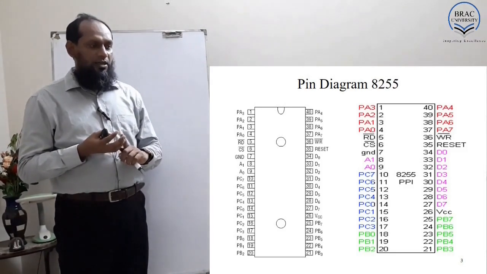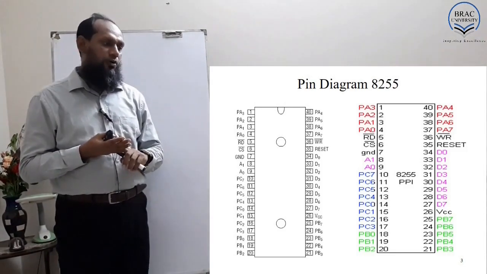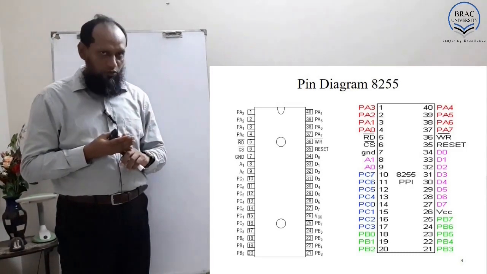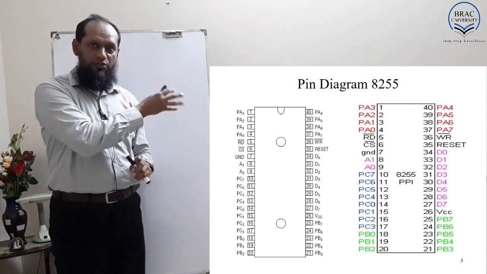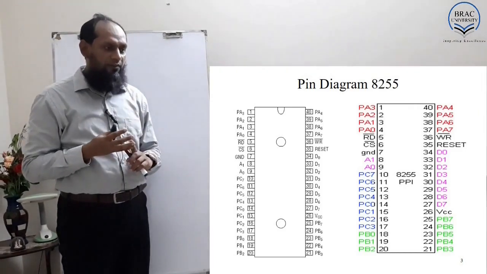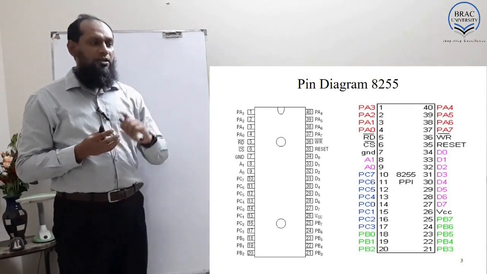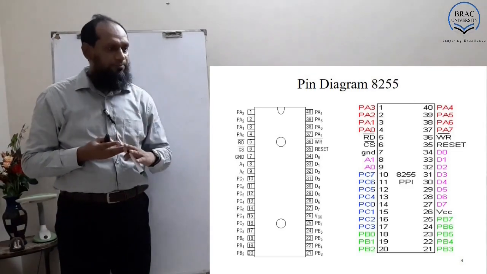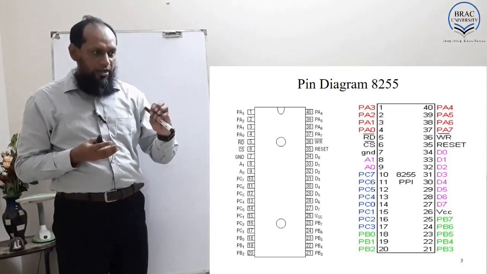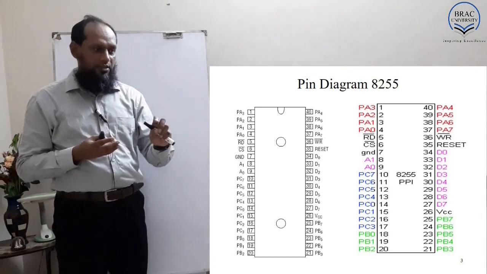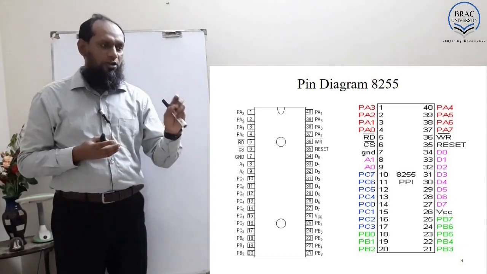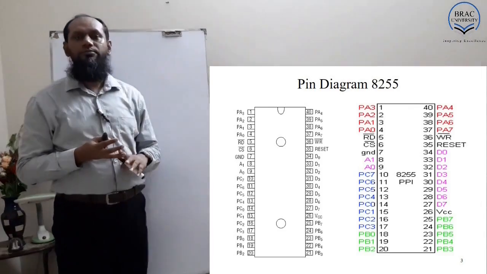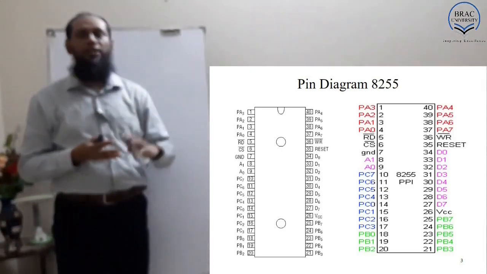And 8 pins for port C, which are from 10 to 17. 8 pins for data communication with the microprocessing unit, which are from 27 to 34. There are VCC and ground on 26 and 7. Read and write are on 5 and 36. Chip select is on 6 and reset on 35. A0, A1 are on 8 and 9.